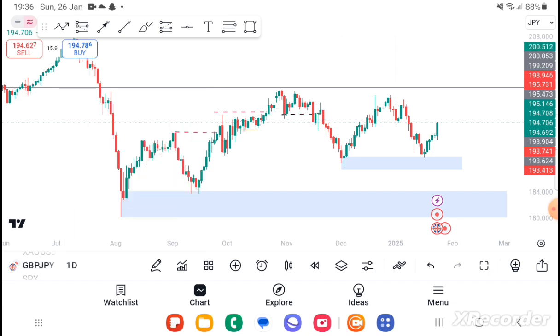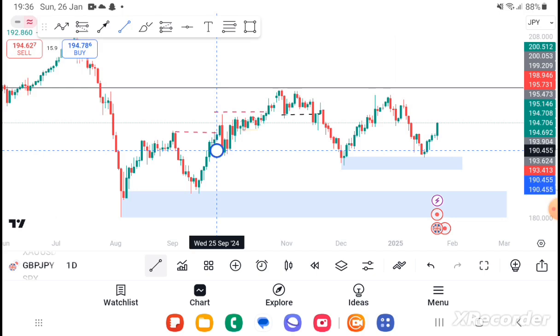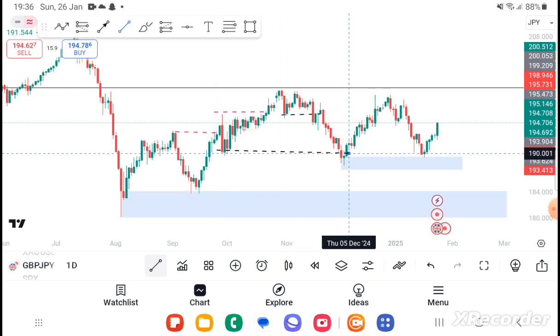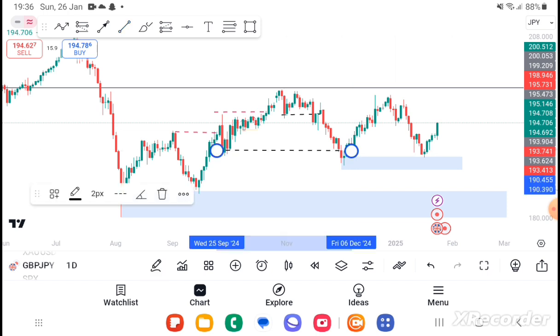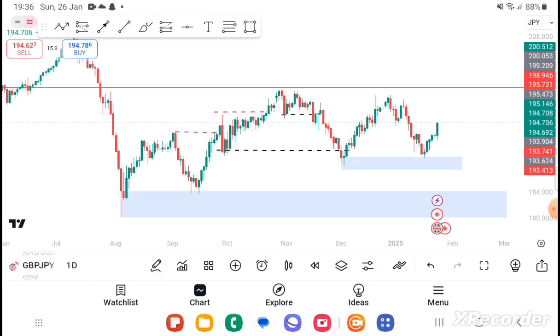And then price broke structure again. Let me even say here. Would that be a valid break of structure? Yes, there's a full body close below it, right? So we can use that as our second break of structure, right?